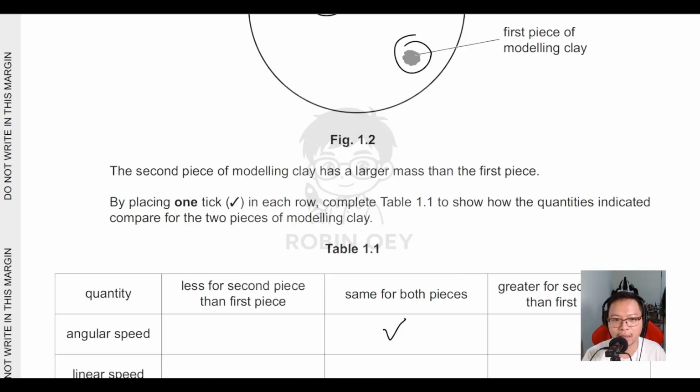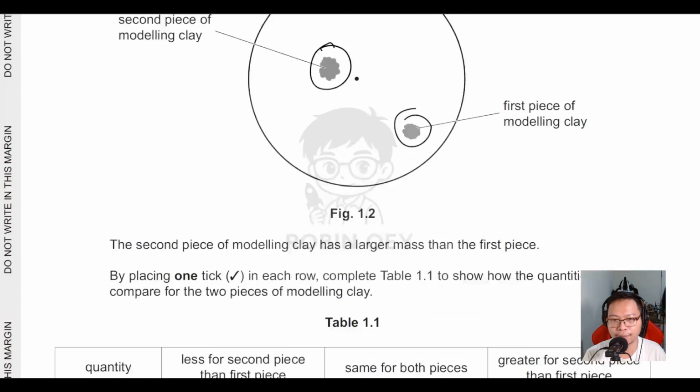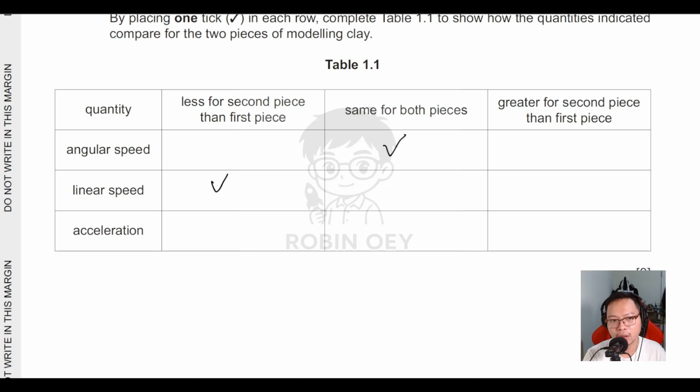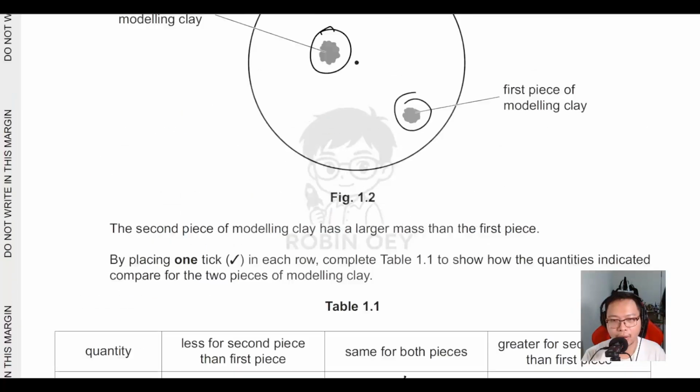That's the reason why the linear speed would be less on the second piece compared to the first one. How about acceleration? Acceleration is omega square r. Since just now we know that the angular speed would be same for both pieces, and the r is less, the acceleration would be less. Okay, that is it for number 1.